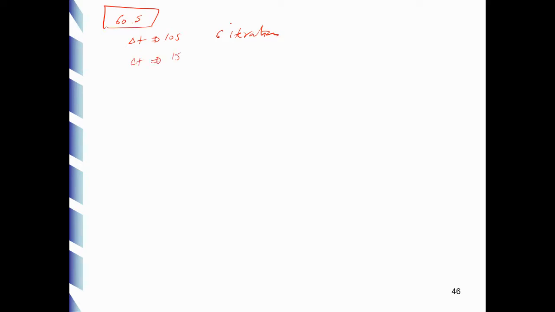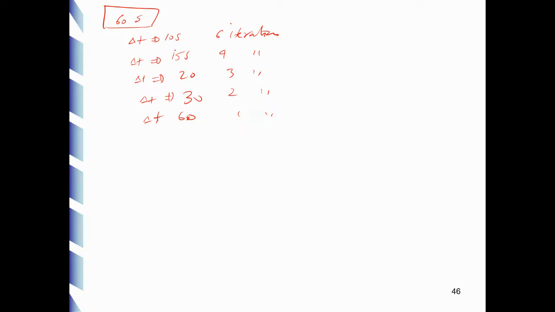If you say delta T is equal to 15 seconds, 4 iterations. Delta T equal to 20 seconds, 3 iterations. Delta T 30 seconds, 2 iterations. Delta T 60 seconds, no iteration, just one.